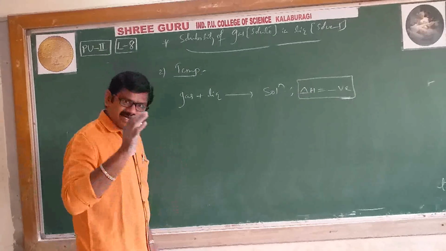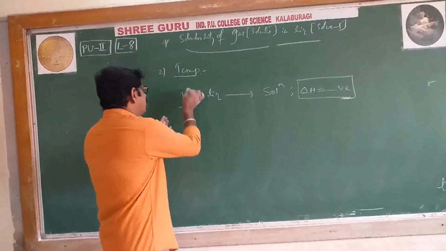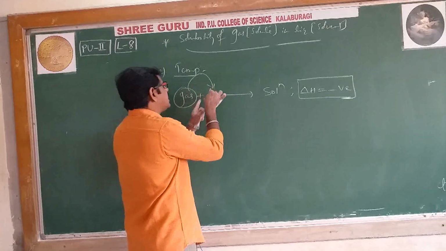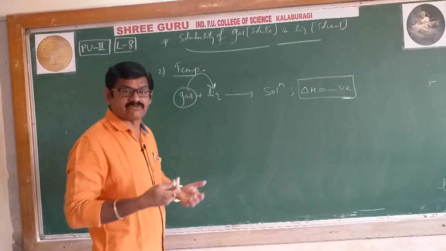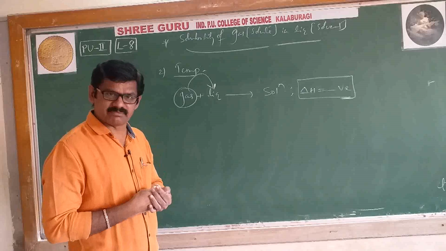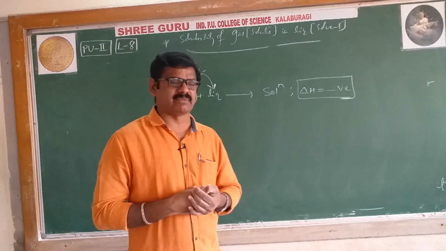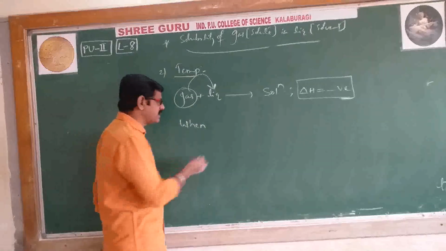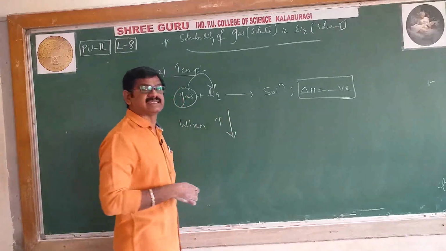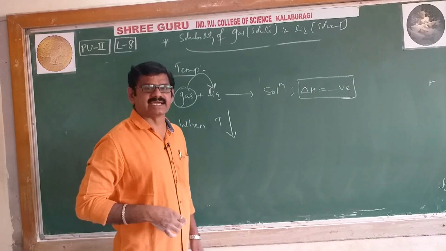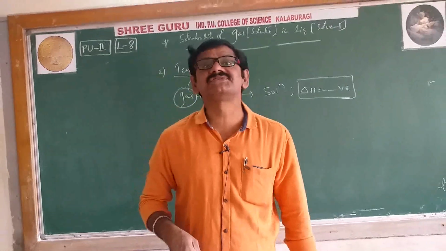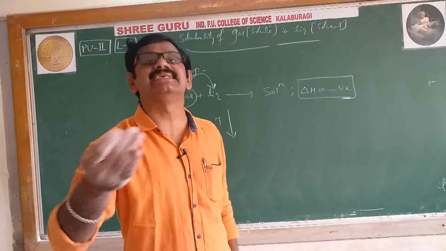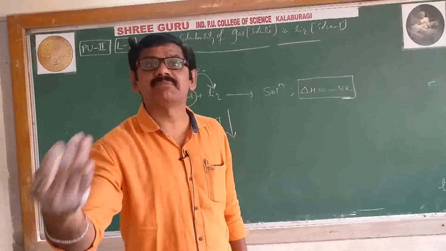Right. Then according to Le Chatelier's principle, for more solubility of gas in liquid, do we have to increase the temperature or decrease the temperature? Please try to understand. According to Le Chatelier's principle, when temperature decreases, the reaction shifts towards the temperature increasing side, nothing but the exothermic side.